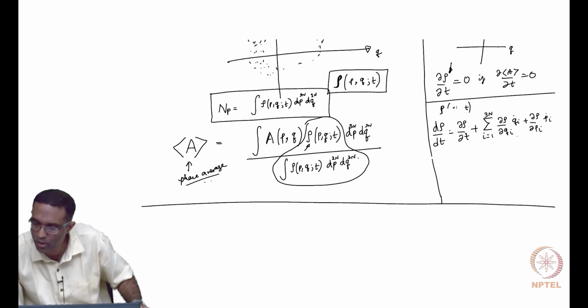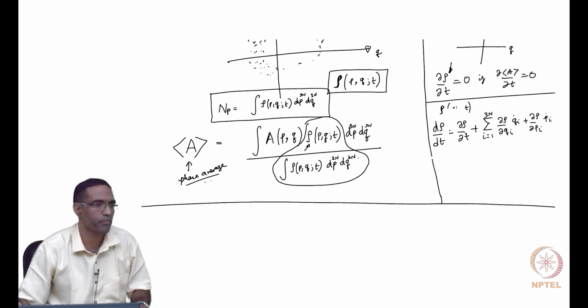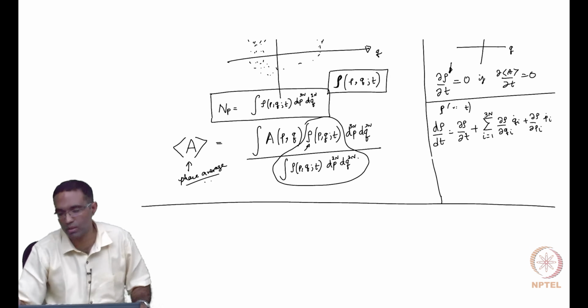So I have dou rho by dou qi into qi dot plus dou rho by dou pi into pi dot. Is that right? Yeah, okay, good.